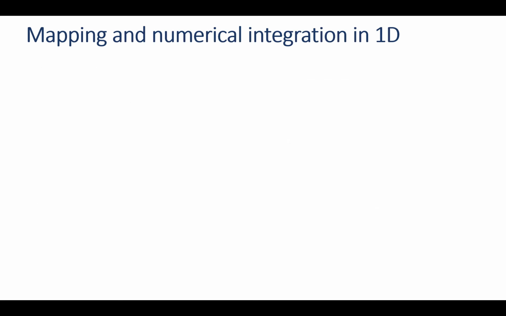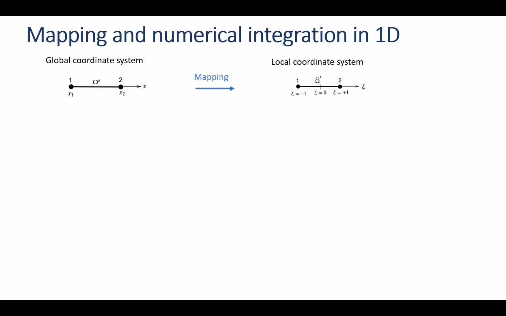Okay, now, this is something I have already covered in the essence of FEM video, but if you haven't followed it, what we do is, we have a physical coordinate system, a global coordinate system, and we map it to the local coordinate system in xi. And then we approximate the geometry. Here we have only one coordinate, so x.